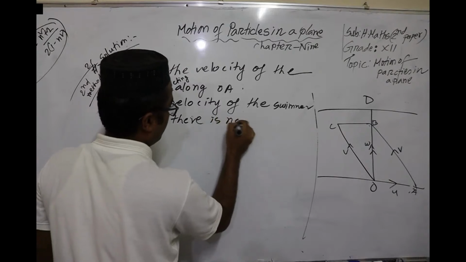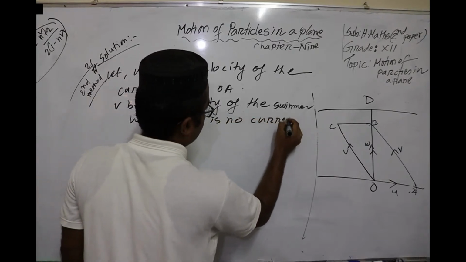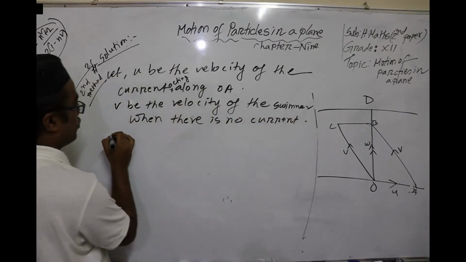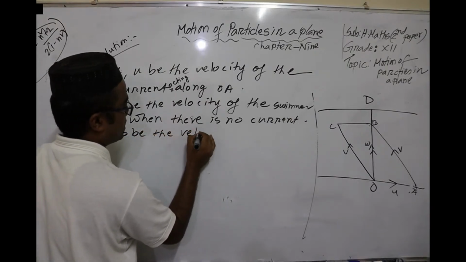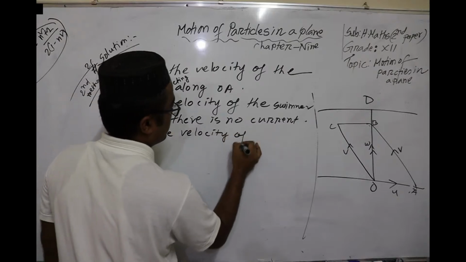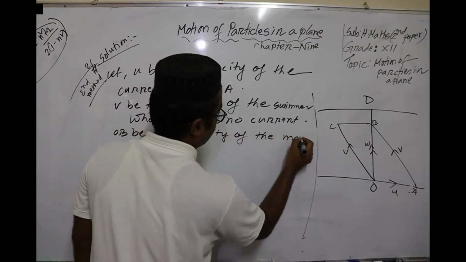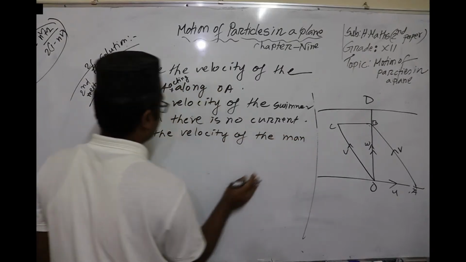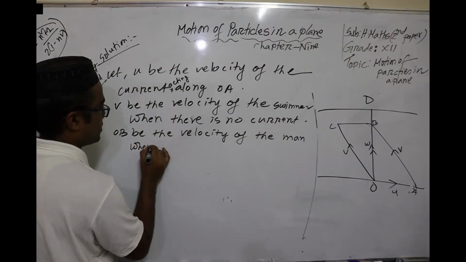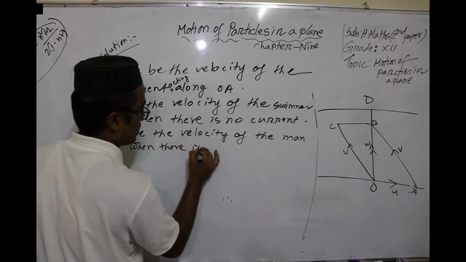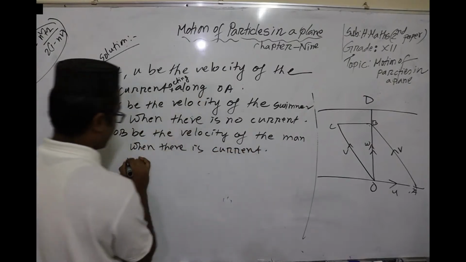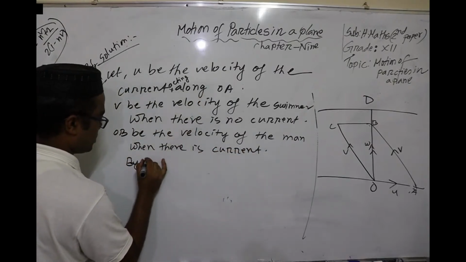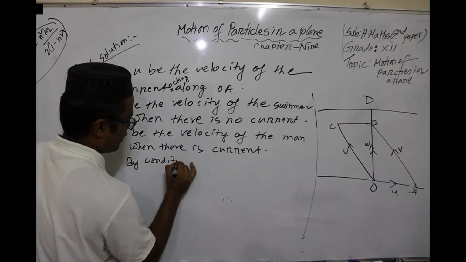There is no current, and w will be the velocity of the swimmer when there is current. So by condition you have to find the velocity.